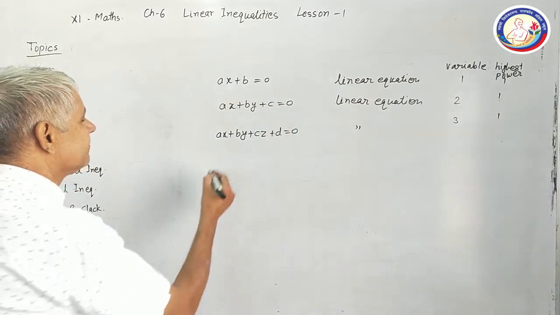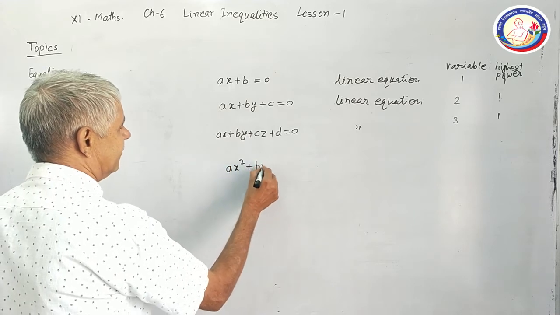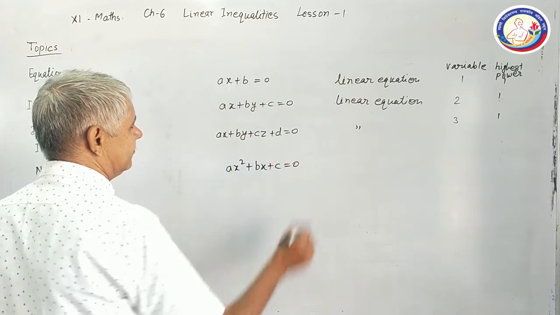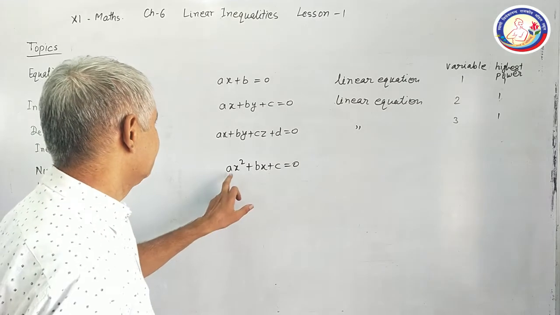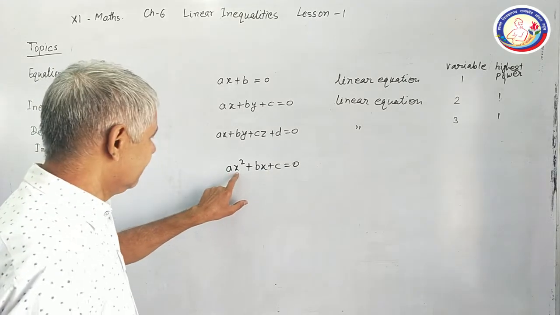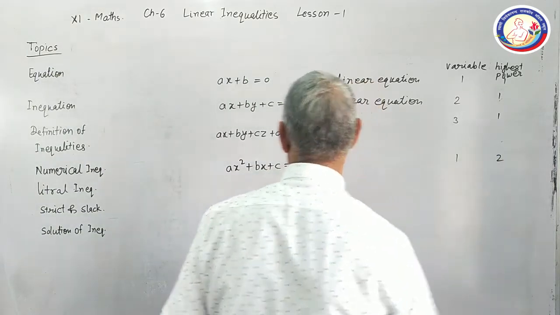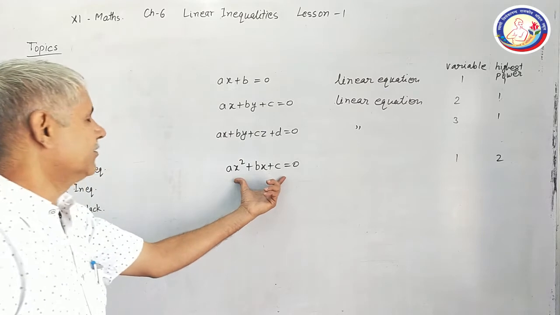If there is any equation just like this, equal to 0, this is called quadratic equation because the highest power is 2 here. So variable is 1 and highest power is 2. We term it as quadratic equation.